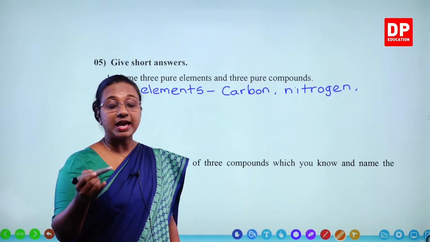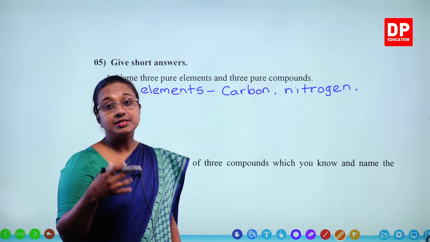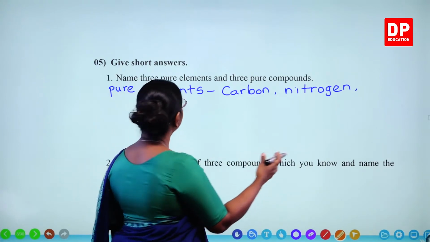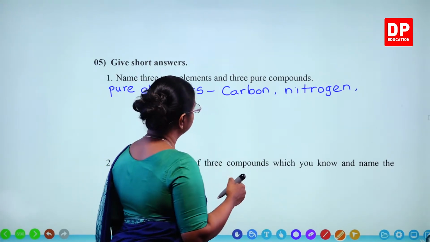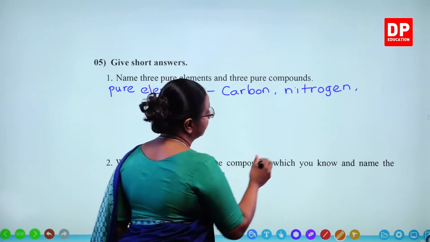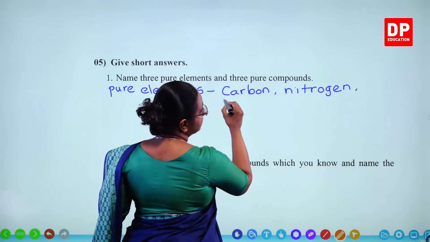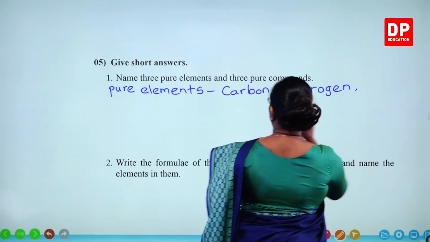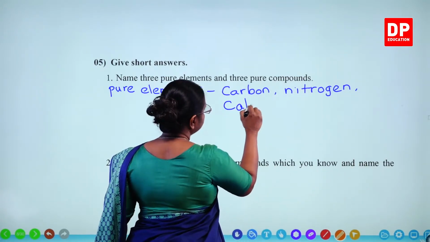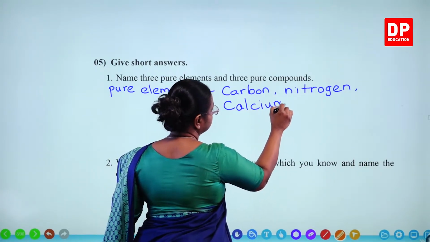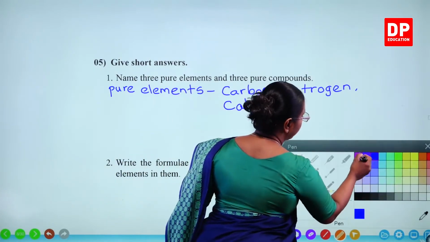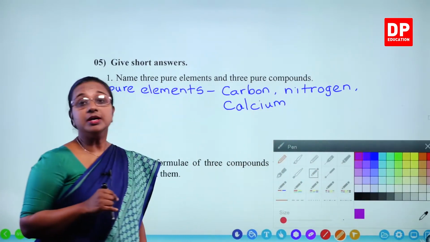Iron, sodium, calcium, hydrogen, oxygen, all those are different types of elements. So those are pure elements. We can write any: carbon, nitrogen, then I will say calcium. Then we need to write 3 pure compounds.